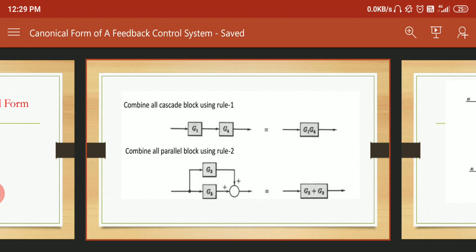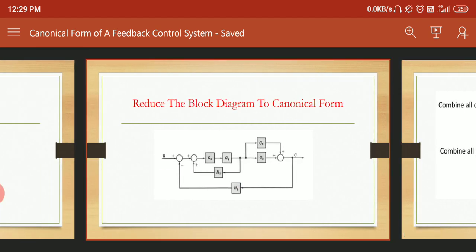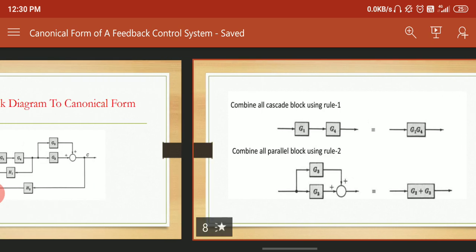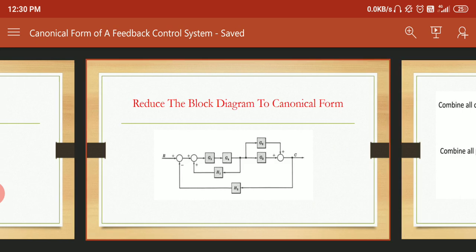In step 2, G2 and G3 are in parallel, so take the addition of these two and replace them in the main diagram.